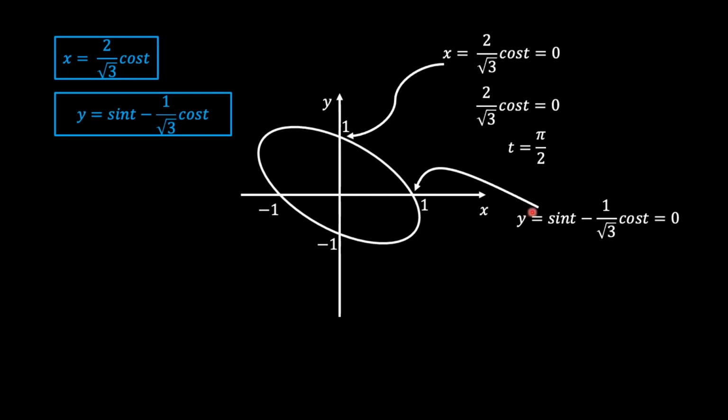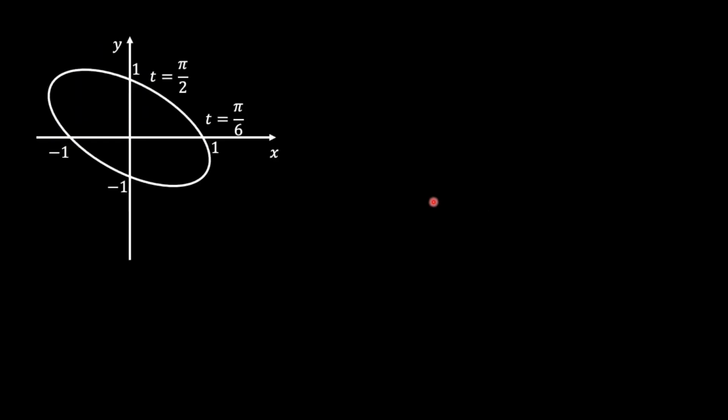And then here we have y equal to sine t minus 1 over root 3 cosine t equals 0. That means that the tangent of t equals 1 over root 3, and therefore t is equal to pi over 6. So we'll have to integrate in t, where this would be from t equals pi over 2 to t equals pi over 6.